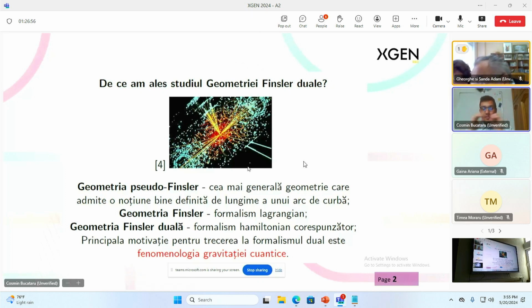Because we want to use dual Finsler geometry for quantum gravity, and this science is in between the connection of general relativity and quantum mechanics.